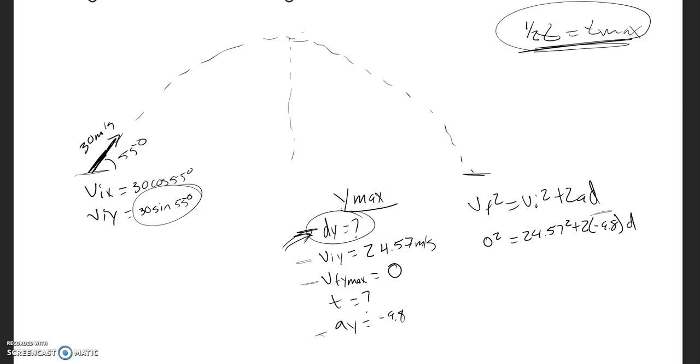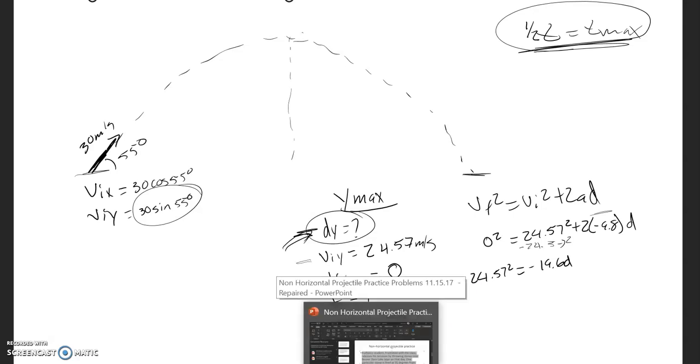All right, so moving these over, so you have negative 24.57 squared is equal to negative 19.6 d. So all I did here was I subtracted 24.57 squared. All right, so let's simplify this. So let's square the 24.57.